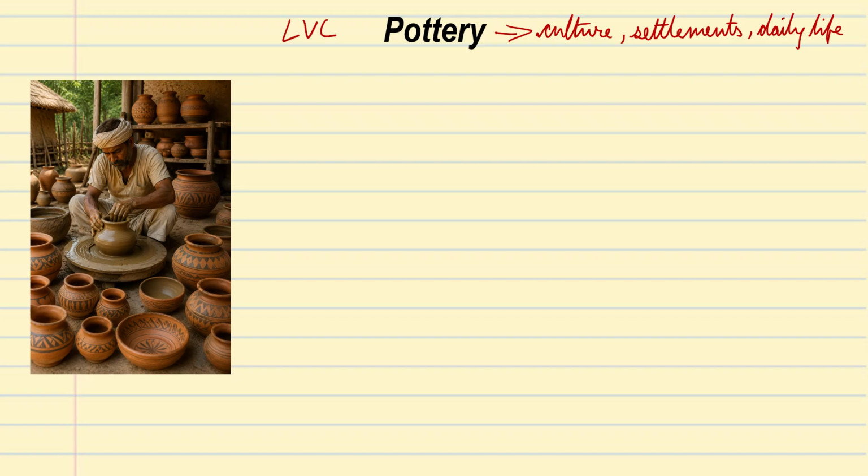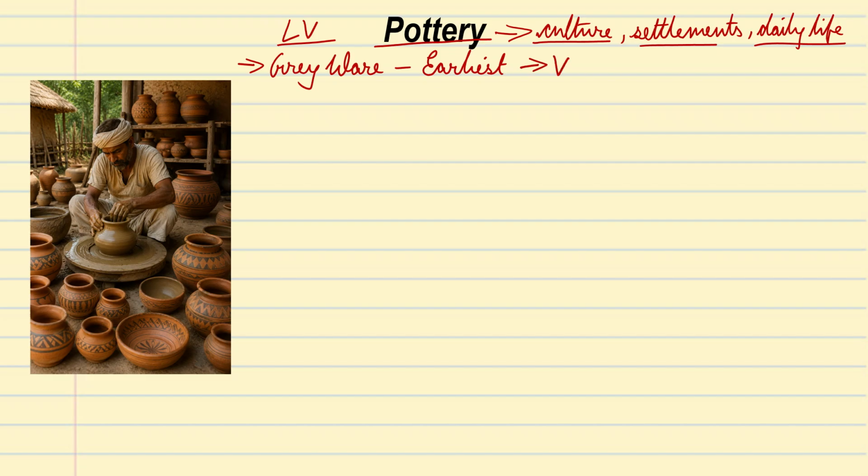So this was also the time of later Vedic age. So what do we know? Culture, settlements, and daily life of the later Vedic people. From where? From the discovery of potteries. So the first important type of pottery is called the grey ware. What is grey ware? It is the earliest type of pottery associated with later Vedic age.